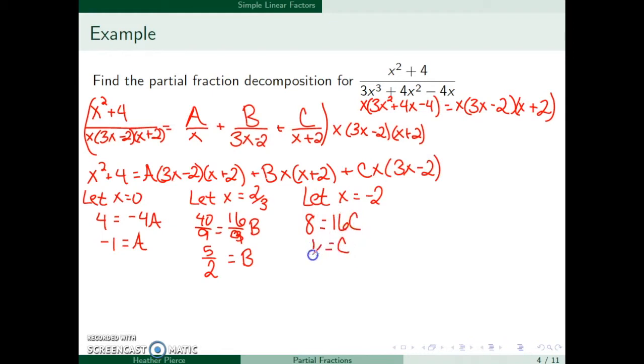So c is 1/2. So my partial fraction decomposition, a was negative 1, plus b, which was 5/2, and then we have c being 1/2. So we have this partial fraction decomposition.